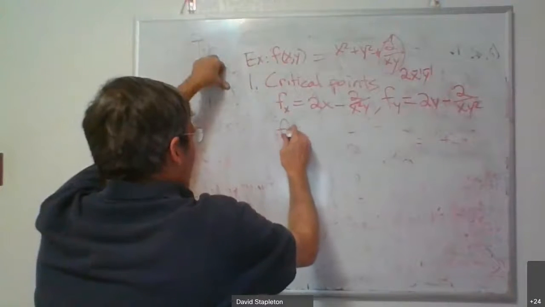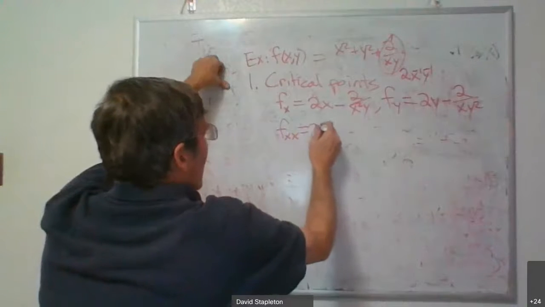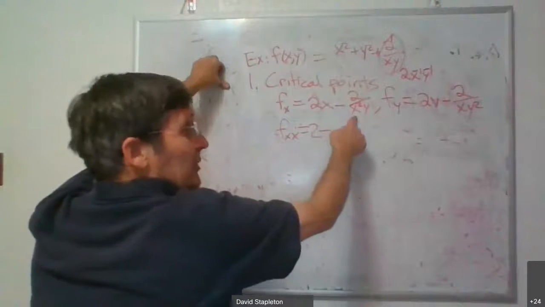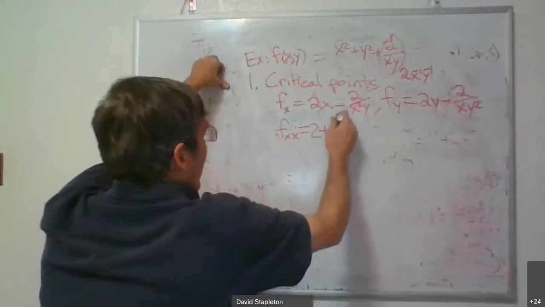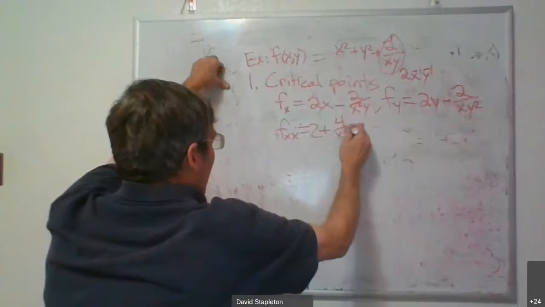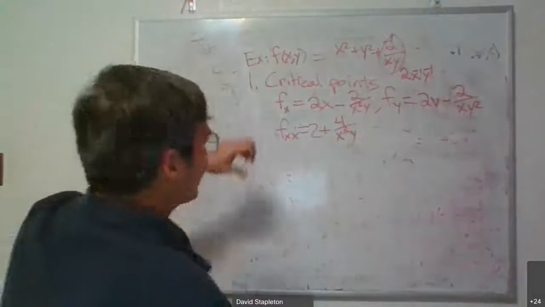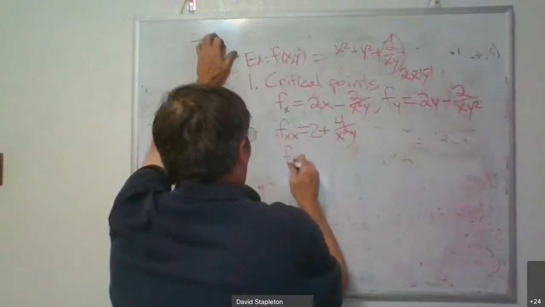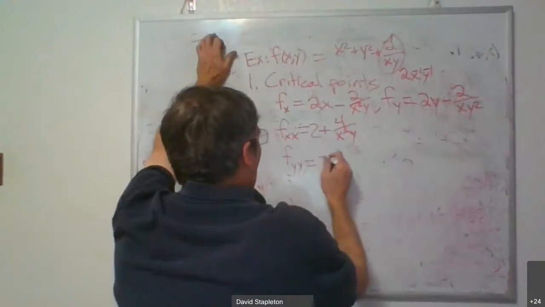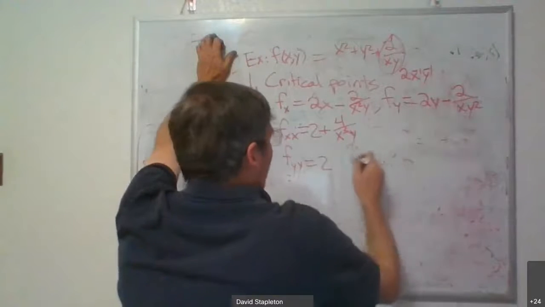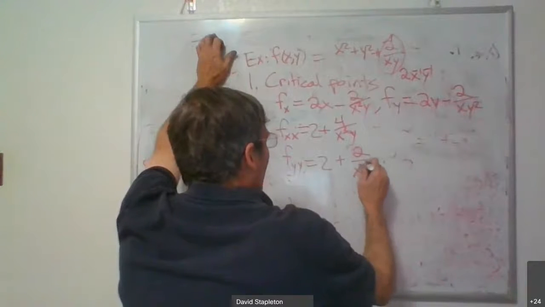Then I need the second derivatives. fxx is the partial derivative with respect to x, which gives me 2 plus, well, the derivative of x to the minus 2 is minus 2x to the minus 3, so this becomes plus 4 over x cubed y. fyy gives 2 plus 4 over x y cubed.